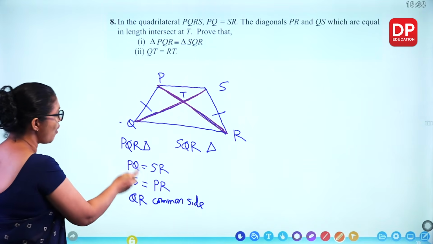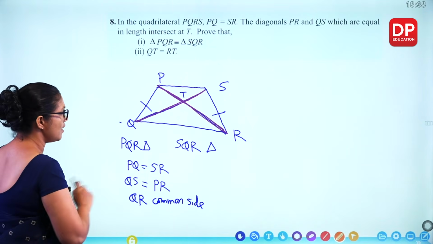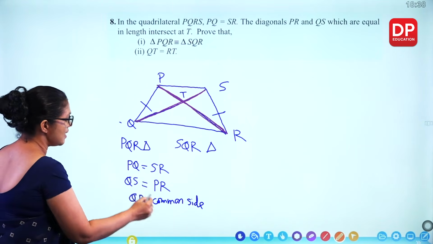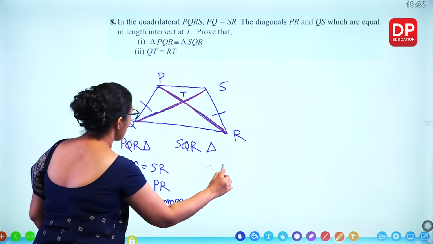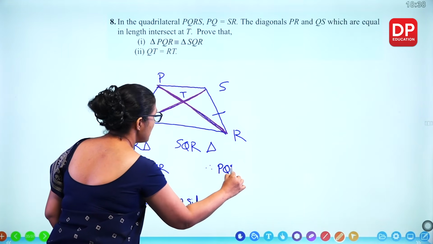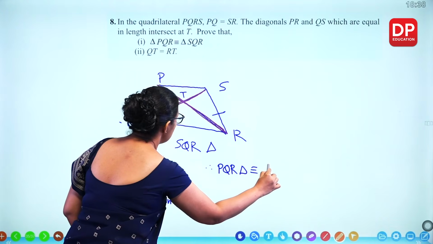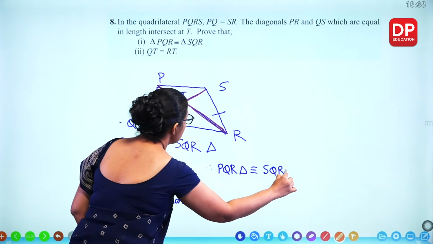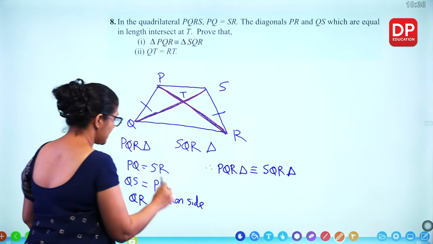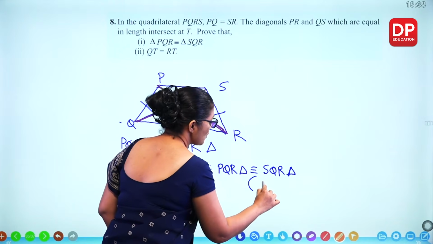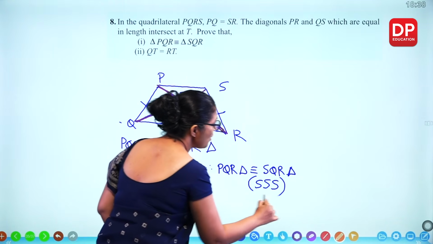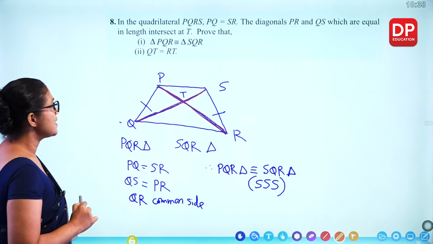Now what can you say? All three sides are given equal. So that means we can say these two triangles are congruent. What's the case? We can say side, side, side. So these are congruent because of side, side, side.